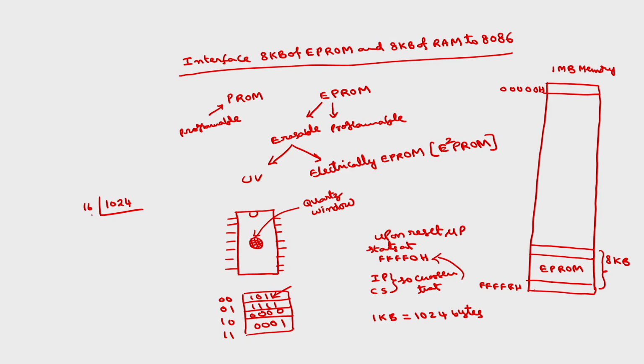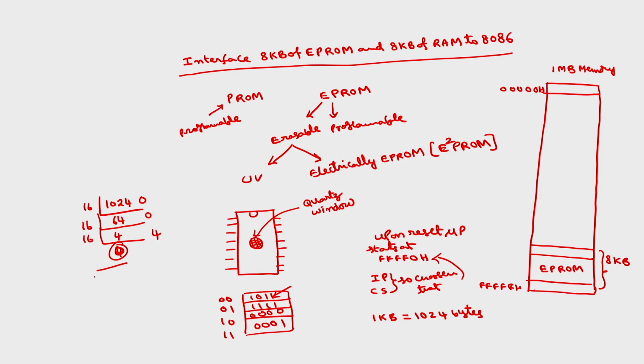1024 divided by 16: 16 times 6 is 96, 16 times 64 is 1024, so the quotient is 64 and the remainder is 0. Then if I divide 64 by 16, 16 times 4 is 64, the remainder is 0 and the quotient is 4. Then 4 divided by 16, the quotient is 0 and the remainder is 4.